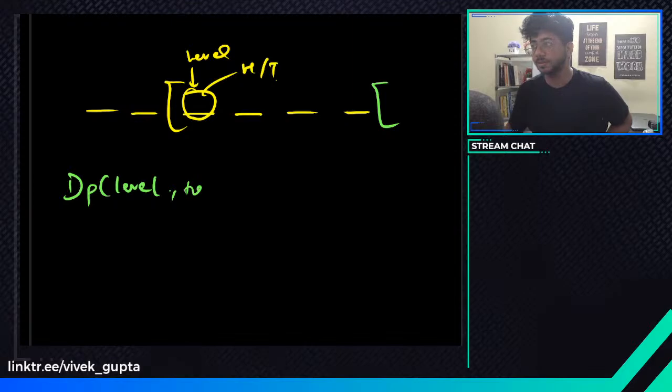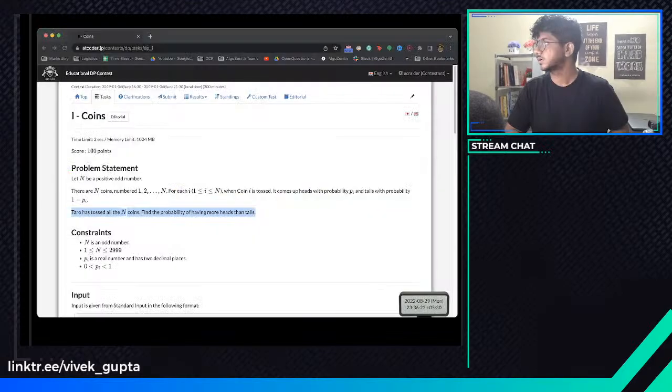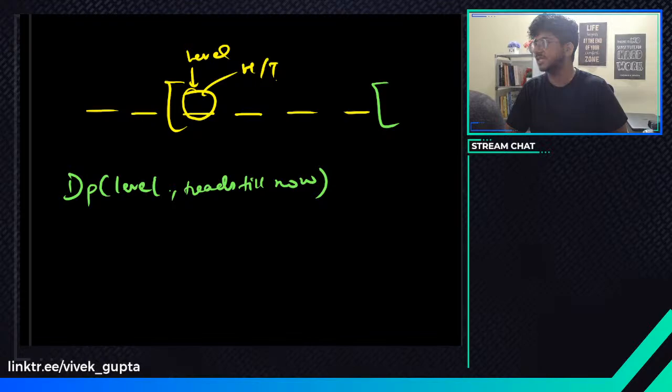Heads till now, because at the end the number of heads has to be greater than tails. More heads than tails, so heads has to be greater than tails at the end. So you go through each index.